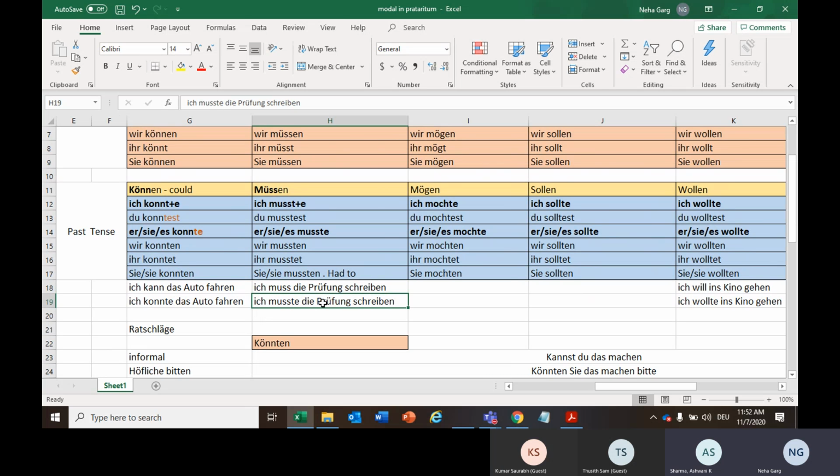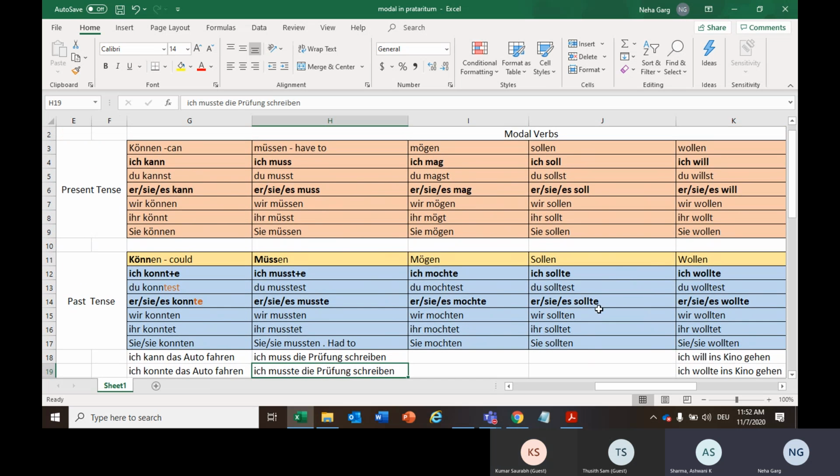Maybe you're talking about your college or school time, and you are telling us that I had to write the exam. Maybe I was not prepared, but yet I had to write the exam. So sentence formation will remain the same. It's just the modal verb that changes to past tense.